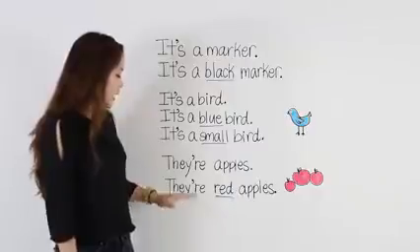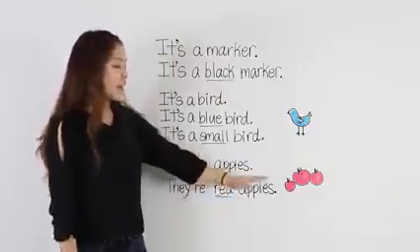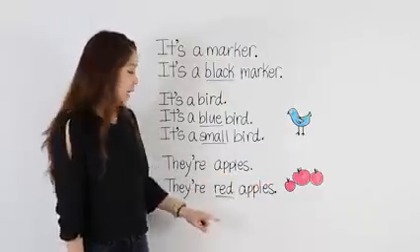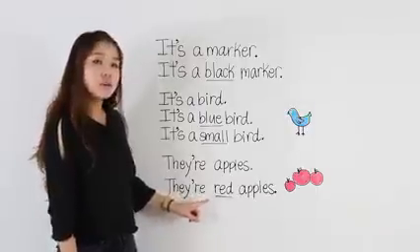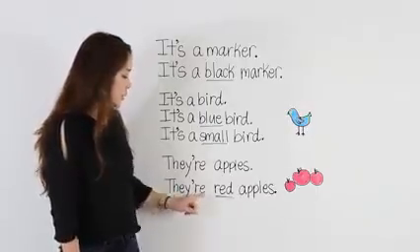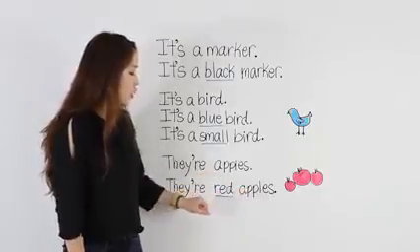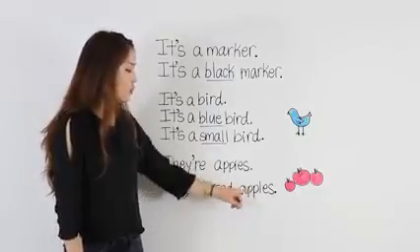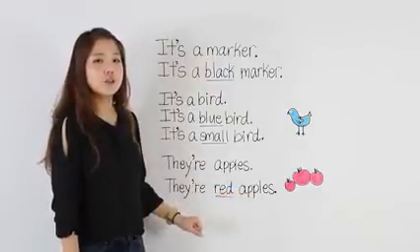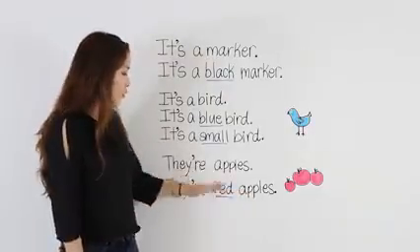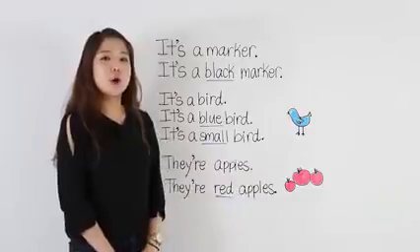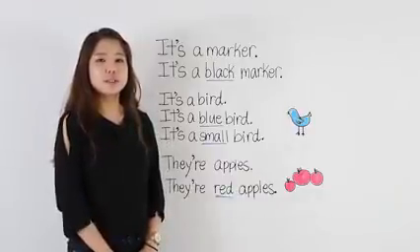So I'm going to say they're red apples. Okay, here there's no article. There's no a. That's because there's more than one. They're red apples. So I just have to put the adjective before the noun that it's describing. They're red apples. Okay, let's move on to some more examples.